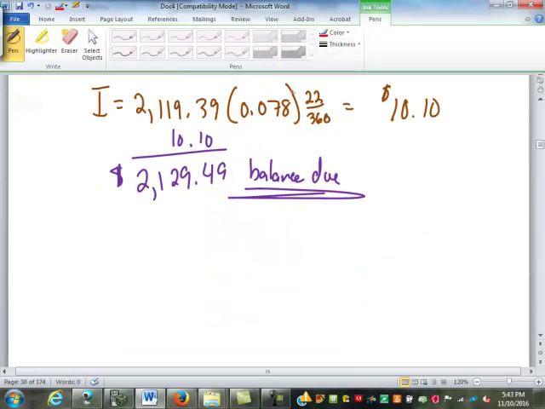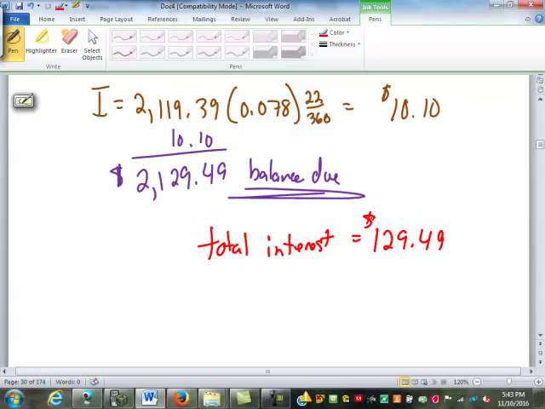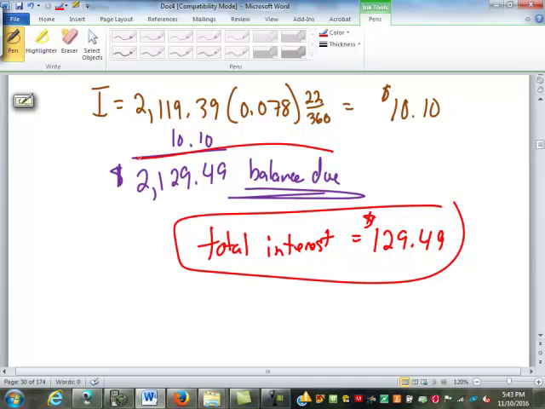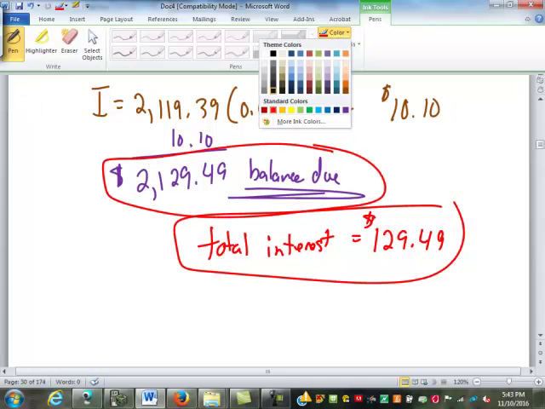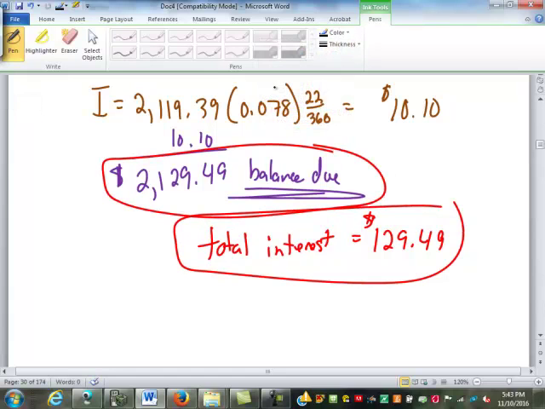Total interest, add them all up, it's going to be $129.49. How many of you had that? How many of you would have got to there except I cut you short of time? Okay.